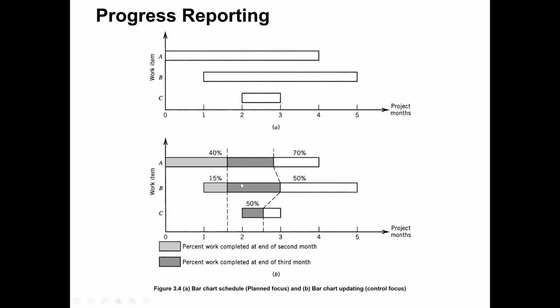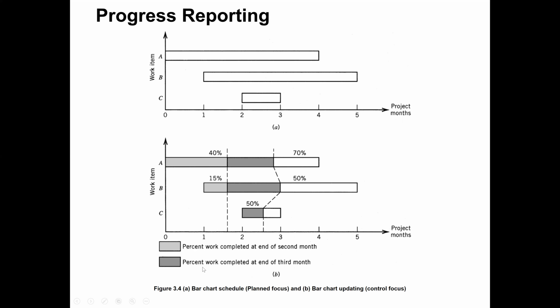The line looks like it is behind. It shows that activity A is 40% complete and activity B is 15% complete. So we are checking the progress at the end of month 2, and this line indicates that we are behind schedule in both activity A and activity B. So the color.